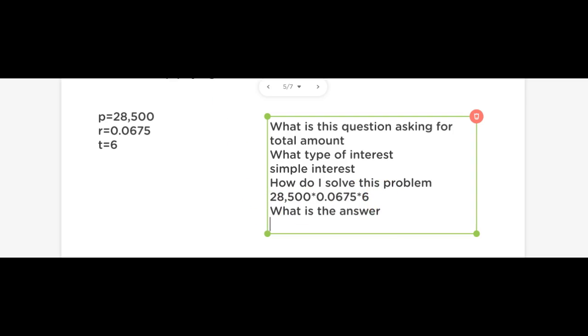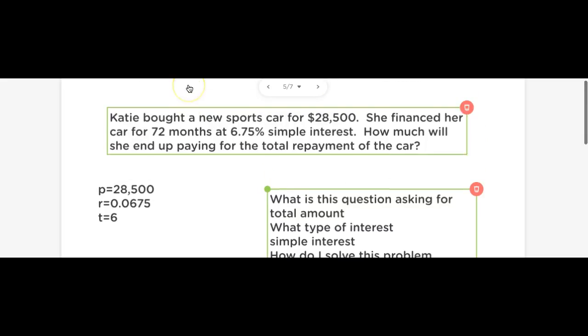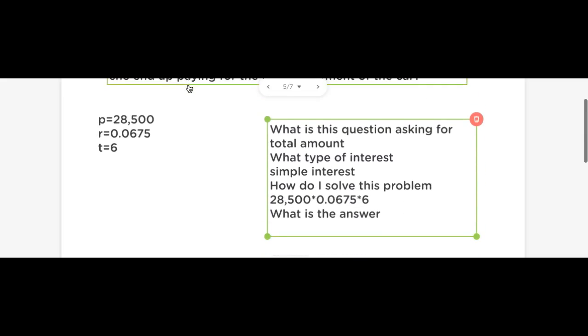I don't think it's going to let me copy that into the calculator. 28.5 times 0.0675, was that right? 0.0675. And my time was 6 years.